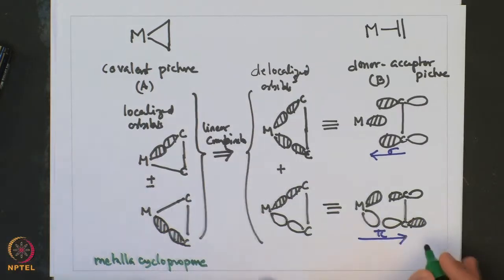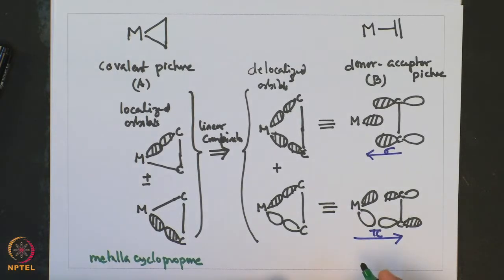And where there is a donor-acceptor model of a simple olefin complex, this is called the Dewar-Chatt-Duncanson model.